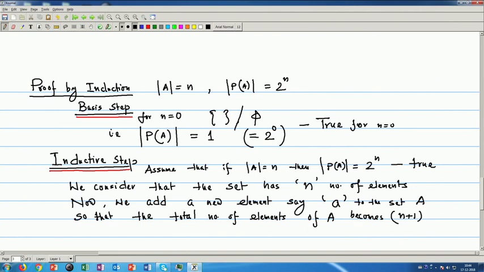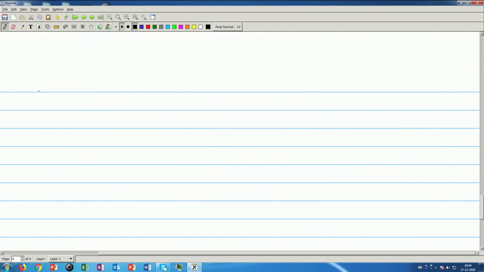Now, just now the property we have seen: when we have added a new element A, for the set A whose cardinality is n plus 1, we can get two classes of subsets.